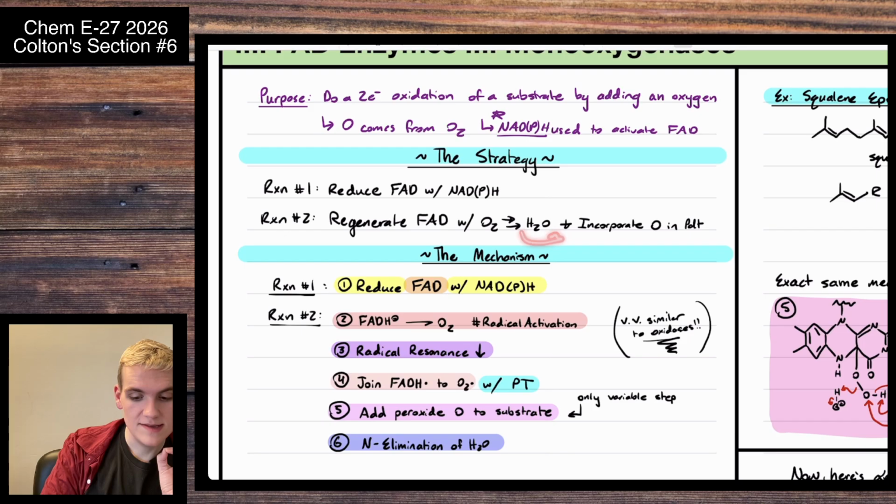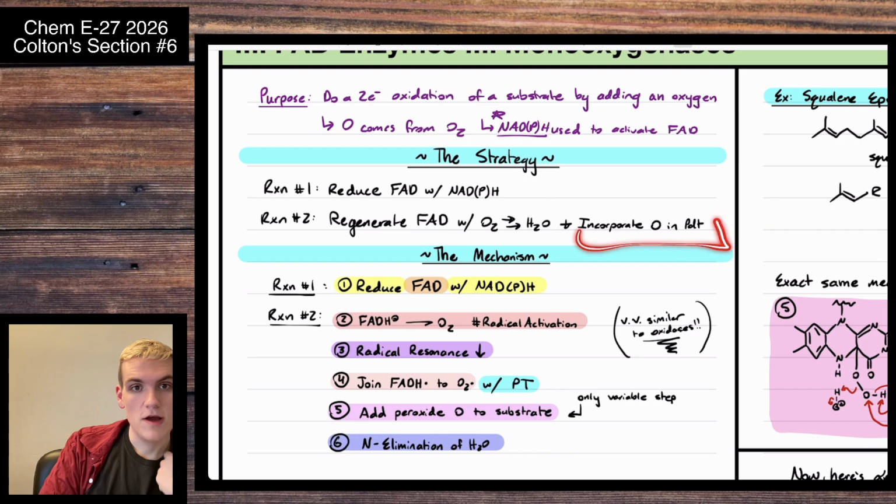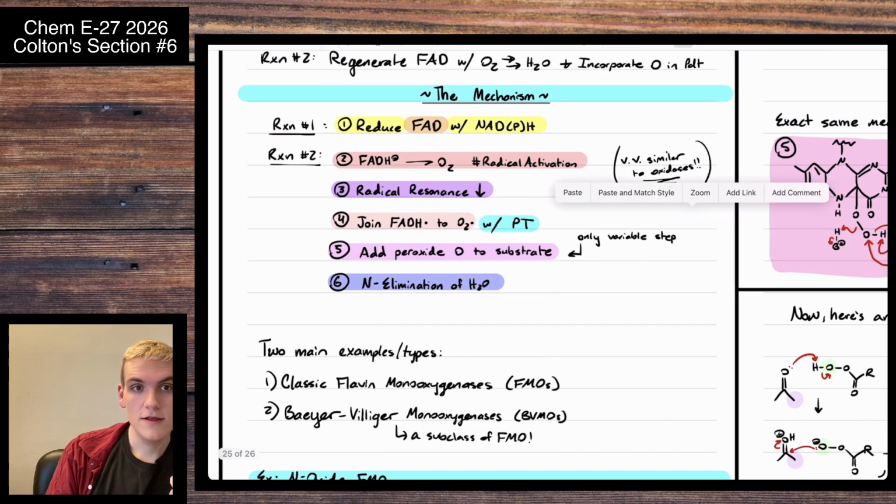So that's going to be a big difference, that monooxygenases generate water, which only has 1 oxygen, because where's the other oxygen? Well, it was incorporated into the substrate. So we do, in our second reaction, regeneration with O2, and we're going to incorporate an oxygen into the product somewhere in step 2.